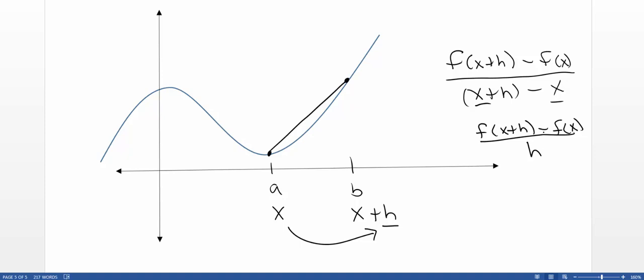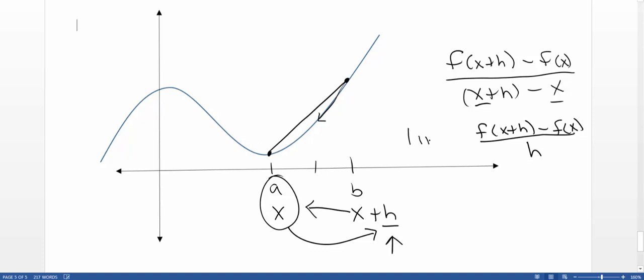Where the limit comes in is this idea that the closer we get to the point we're interested in, right? We want to get smaller and smaller intervals by moving this point closer and closer. Now, before, we were just picking brand new values, but the equivalent statement here is letting h get really, really small. Because if h gets really small, that means that this point is moving closer to the point where we're trying to approximate.